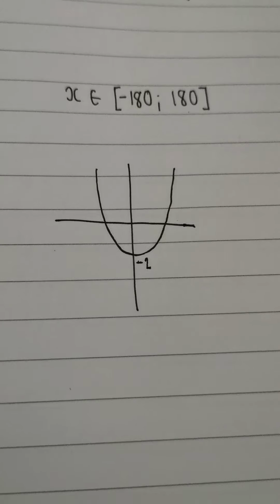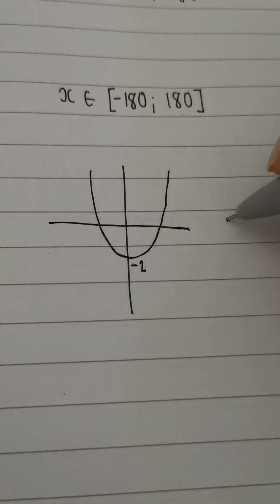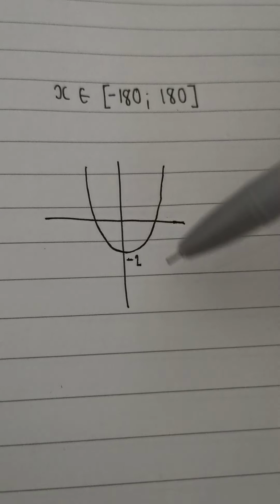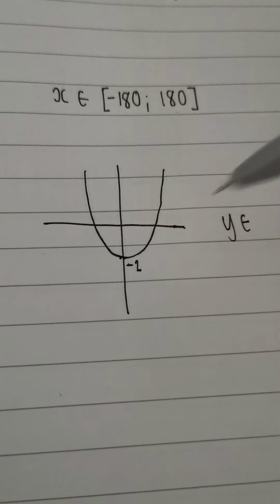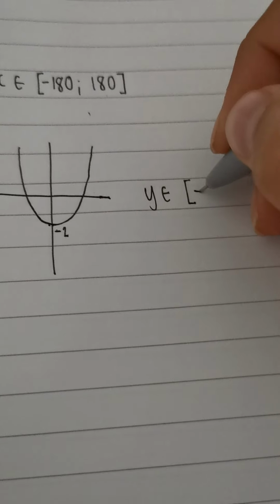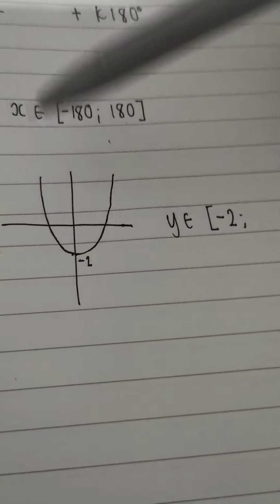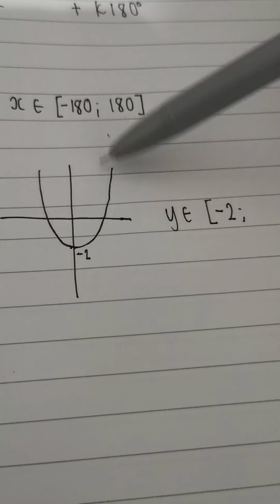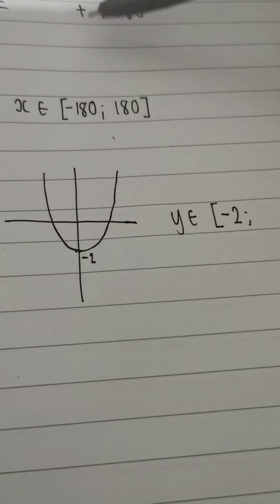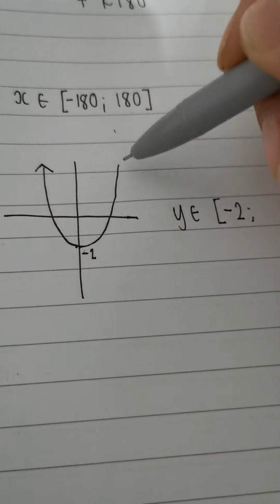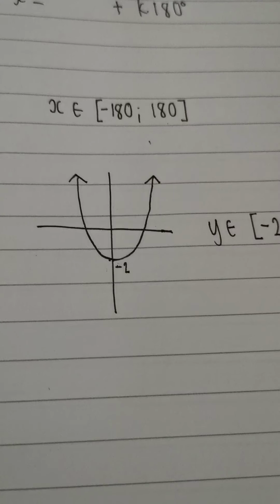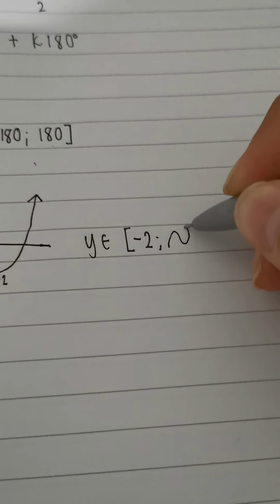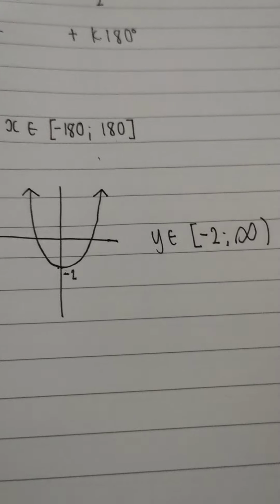If I wanted to find the range of this, I would say y is an element of the lowest value that it can be is -2, right? So it's starting at -2, and the highest value that this particular curve, a parabola, can go up to, remember this thing is going all the way up, it's not stopping anywhere. So the highest point that it can go to is infinity, and remember infinity is not included, right?